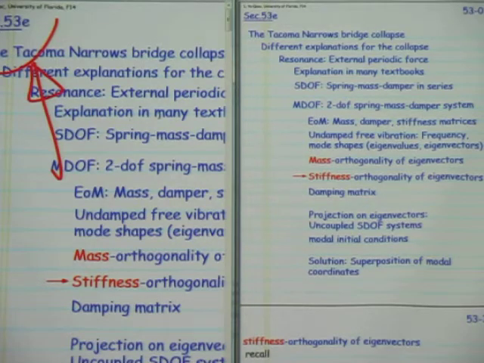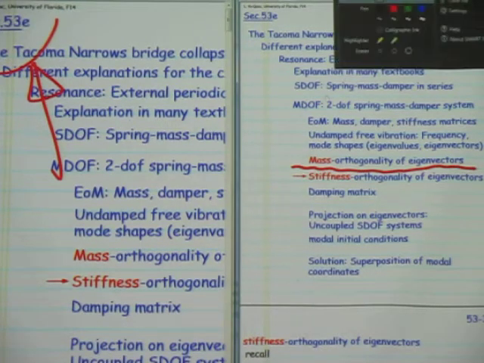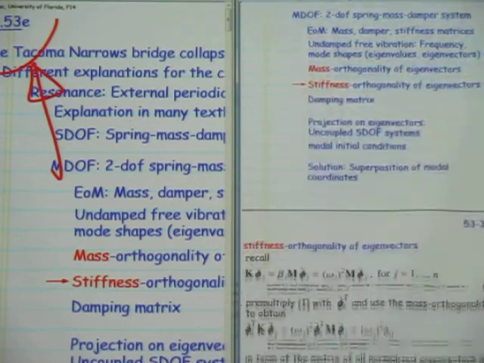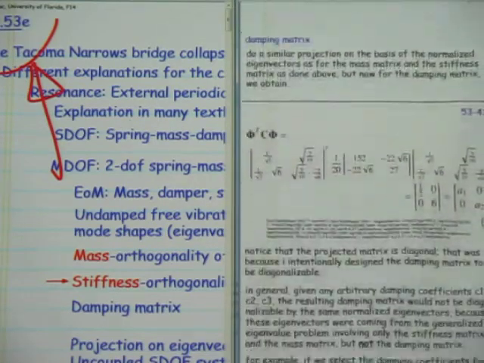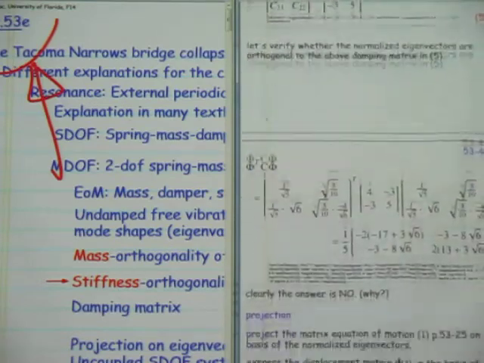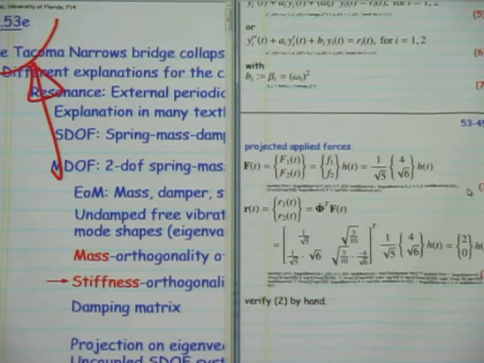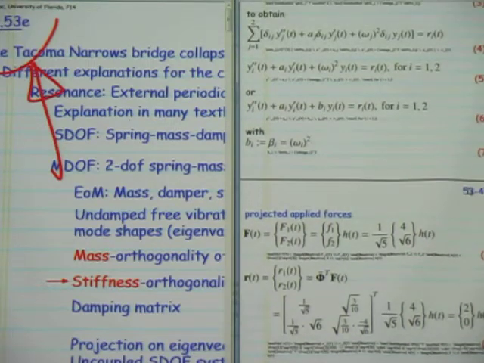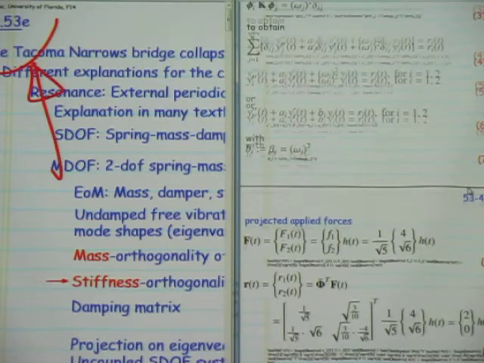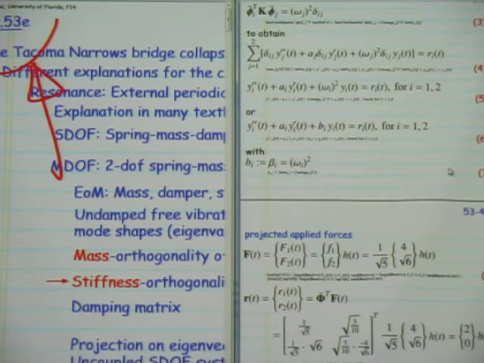Right. And so we already saw orthogonality with respect to the mass matrix. And let me show you the end result, skipping through a lot of concepts that we will do. The end result is the following. And it is written here.